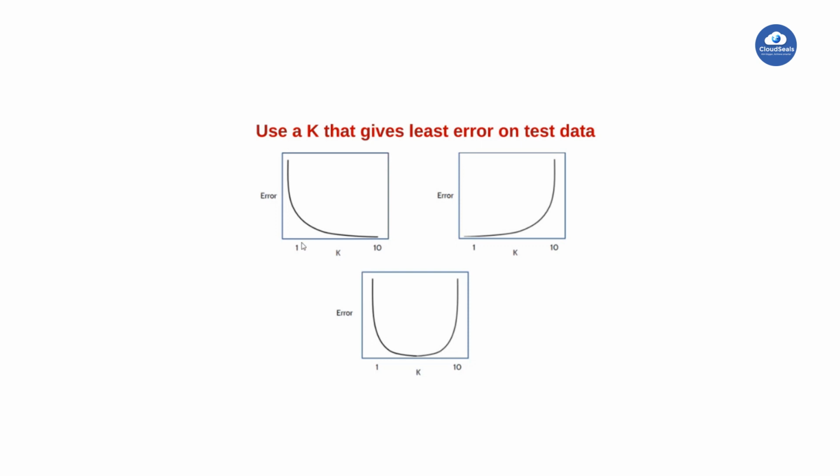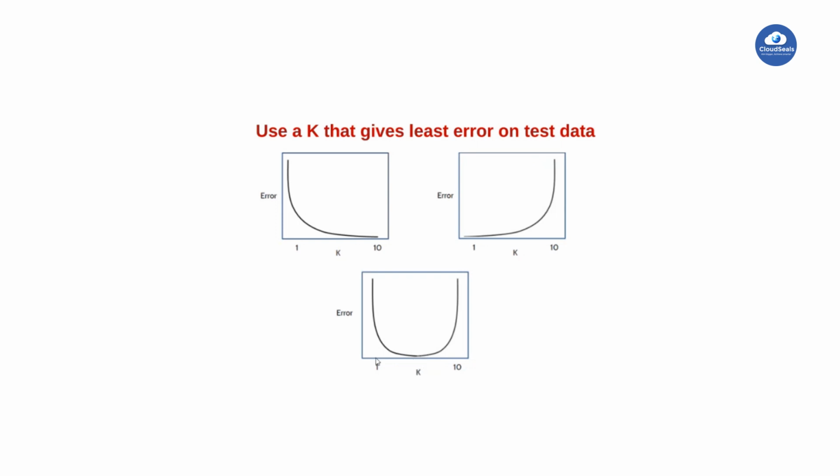Sometimes for K equal to 1 the error is very high, and by increasing K it decreases. But we need to draw the curve, which is convex like this. Wherever the error is very low, we give that value for K.